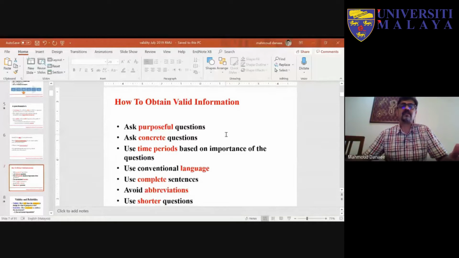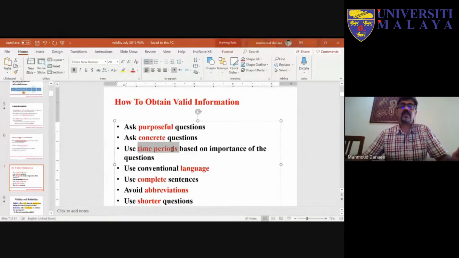You can ask yourself what is the purpose of the questions, and ask concrete questions. Time is also another critical factor in asking the questions in the research questionnaire. The language is very important, especially for populations that have different languages.